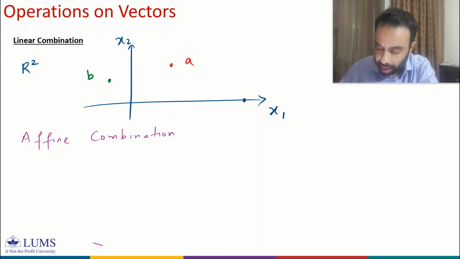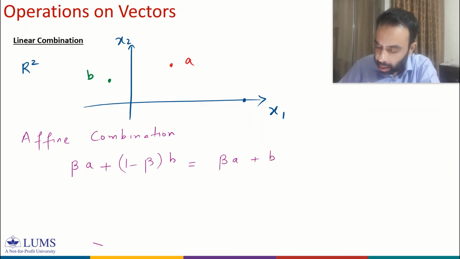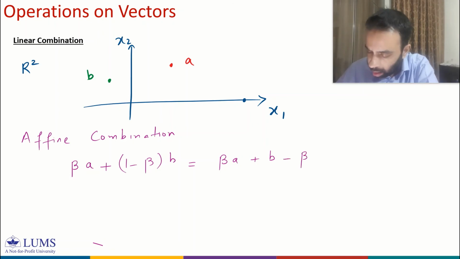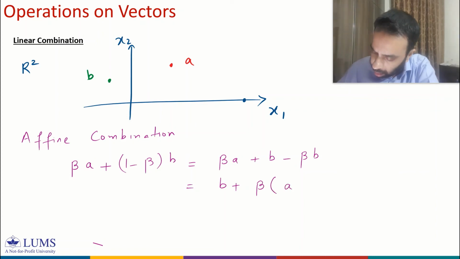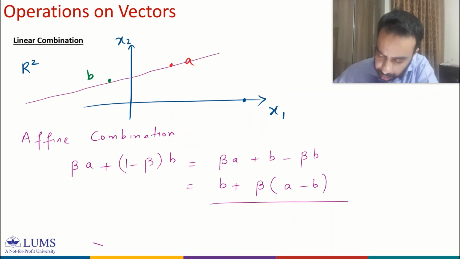That means affine combination of A and B would be given by beta times A plus 1 minus beta times B, and that can also be written as beta times A plus B minus beta times B, or B plus beta times A minus B. So we can choose any beta, and this point can be anywhere on the line passing through A and B.